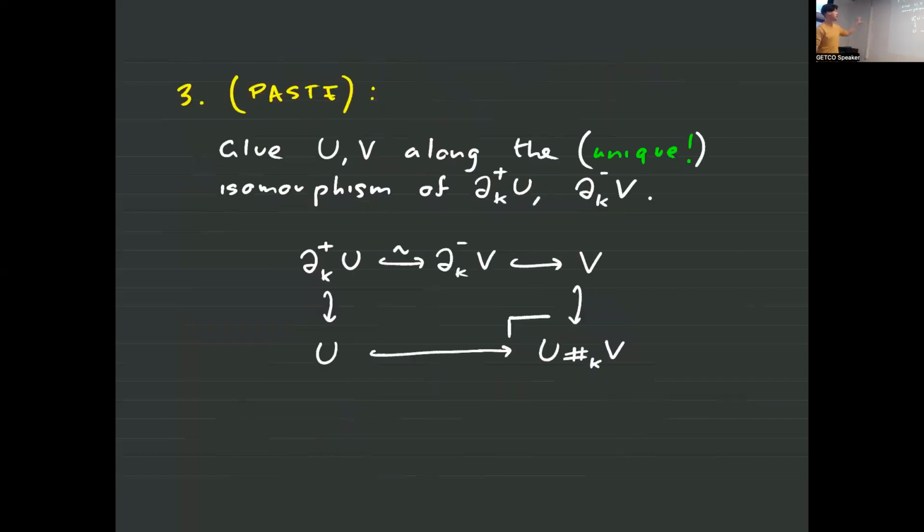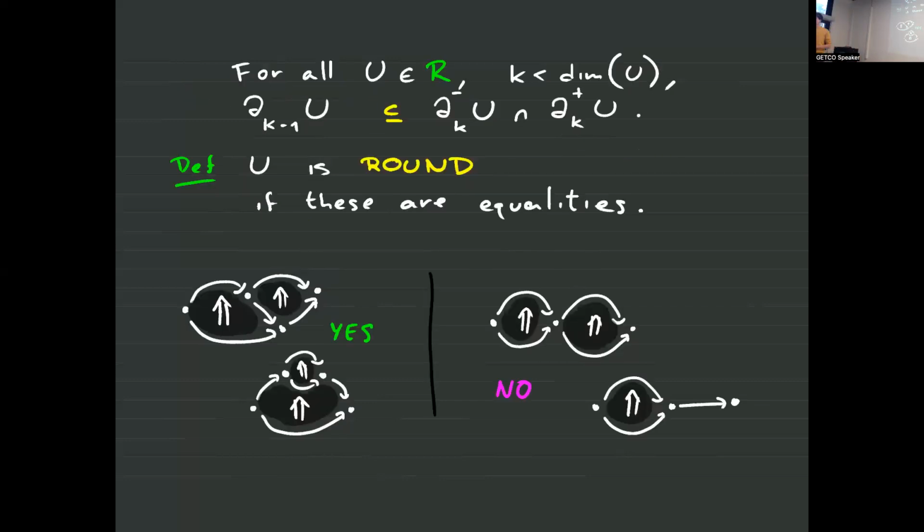So this paste rule that I've been telling you, again, is expressed as a pushout in this category of oriented graded posets. Yes, it seems that the one on the right is round. Which one?